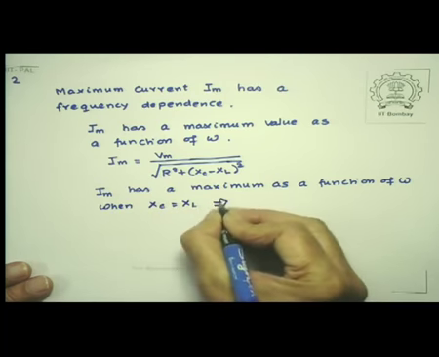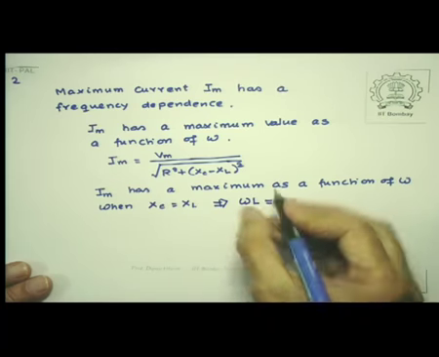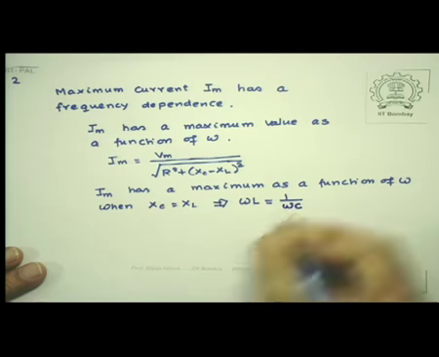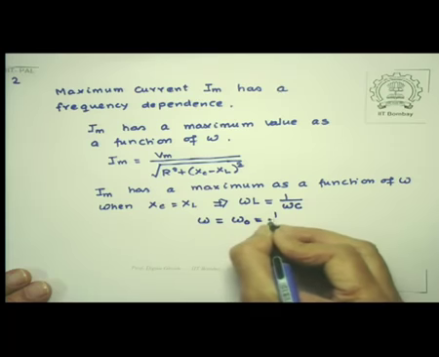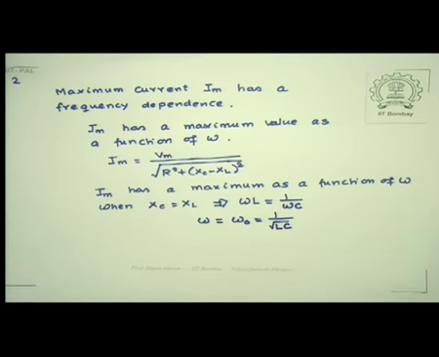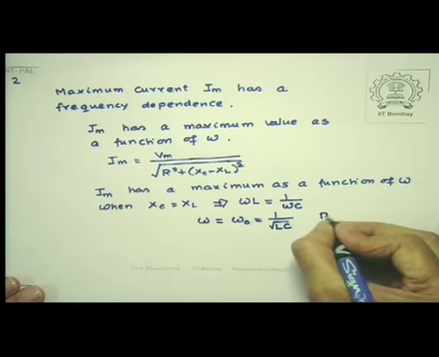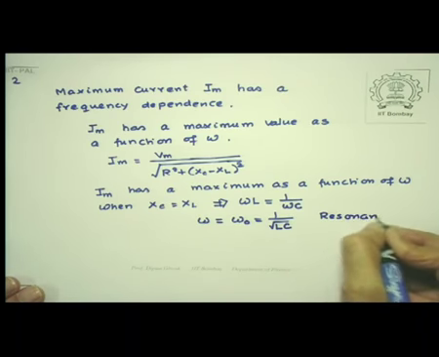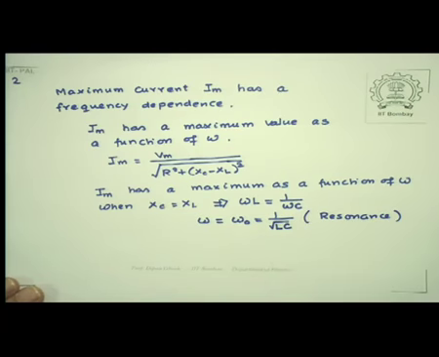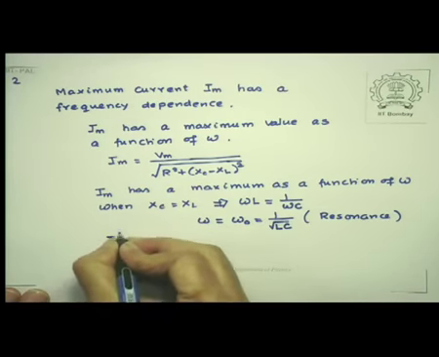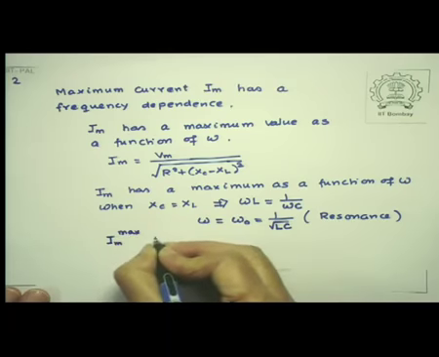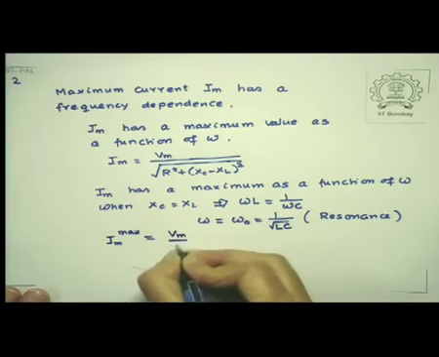Now this corresponds to omega L becoming equal to 1 over omega C, that is omega is equal to, let's call it omega 0, equal to 1 over square root of LC. And this is the condition of resonance. So when the frequency of the voltage is equal to the resonant frequency of the circuit, the value of Im itself has a maximum as a function of omega, and that is simply given by Vm divided by R.